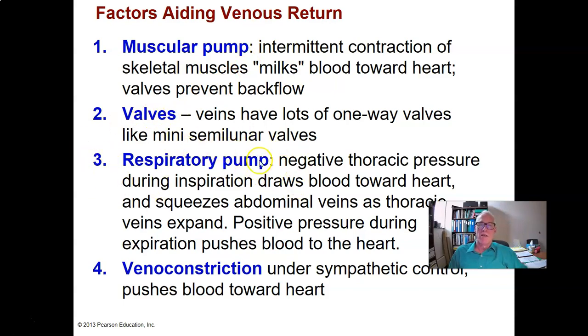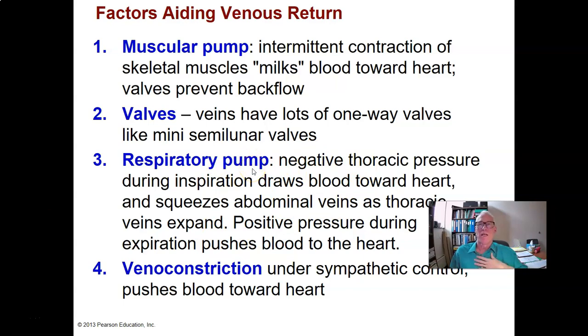When you inspire air, the way you breathe is to lower the pressure of air in your thorax, and air moves for the exact same reason as blood, differences in pressure. So if you lower the pressure in the thorax, air will move in from higher pressure outside the body to lower pressure in the thorax, and you'll have breathing, you'll have ventilation.